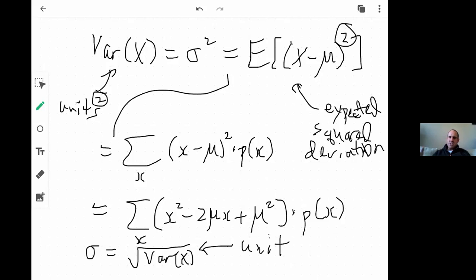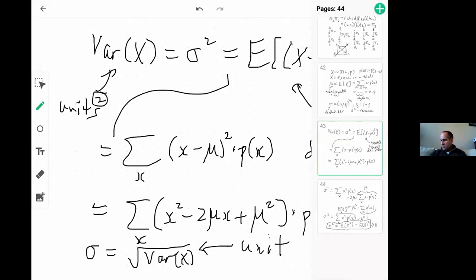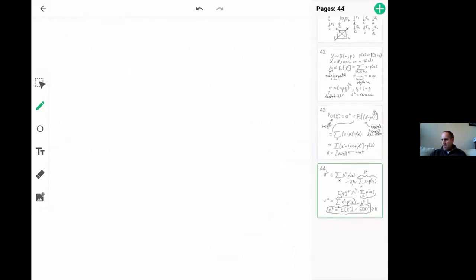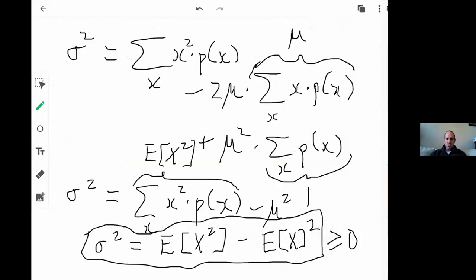So the standard deviation has the same units as the original data. Again, it's just a measure of how spread out the data is, how much the random variable tends to deviate away from the mean. Once again, I just want you to see that we have this little formula for the variance, and the standard deviation is just the square root of that.